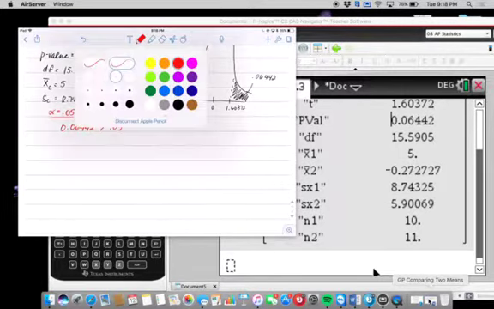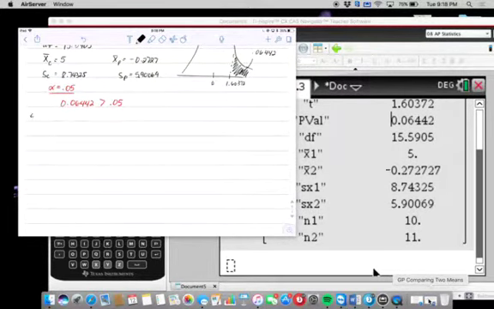Our conclusion, our fourth step, is as follows: since your p-value of 0.06442 is greater than 0.05, which is your significance level, we fail to reject the null hypothesis.